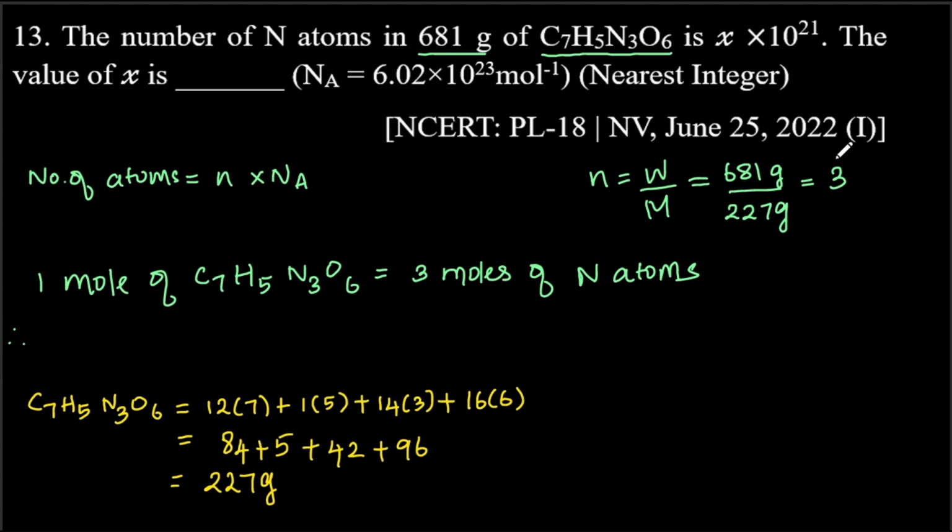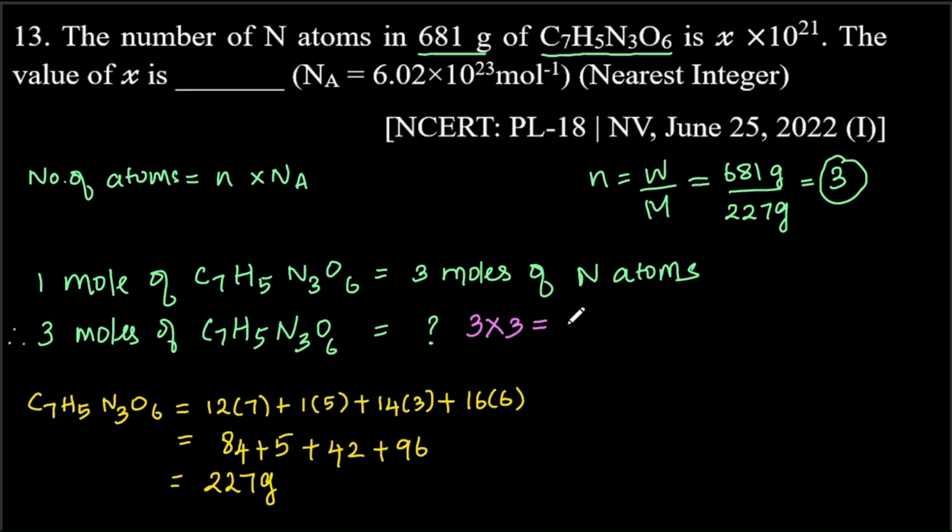Therefore, here we got 3 moles for this compound. So 3 moles of C7H5N3O6 contains how many moles of nitrogen atom? If we cross multiply, we will get the answer as 3 into 3. Totally 9 moles of nitrogen atoms are present.